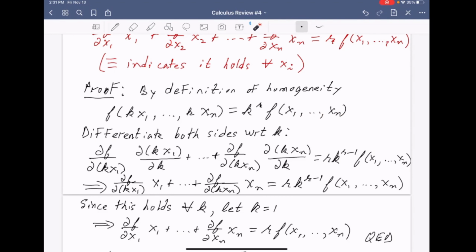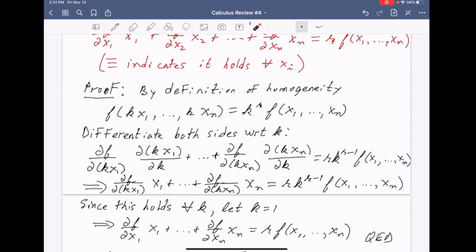We differentiate both sides with respect to k, and the partial of f with respect to kx1, and then the partial of kx1 with respect to k, and we do the same thing for each of these.